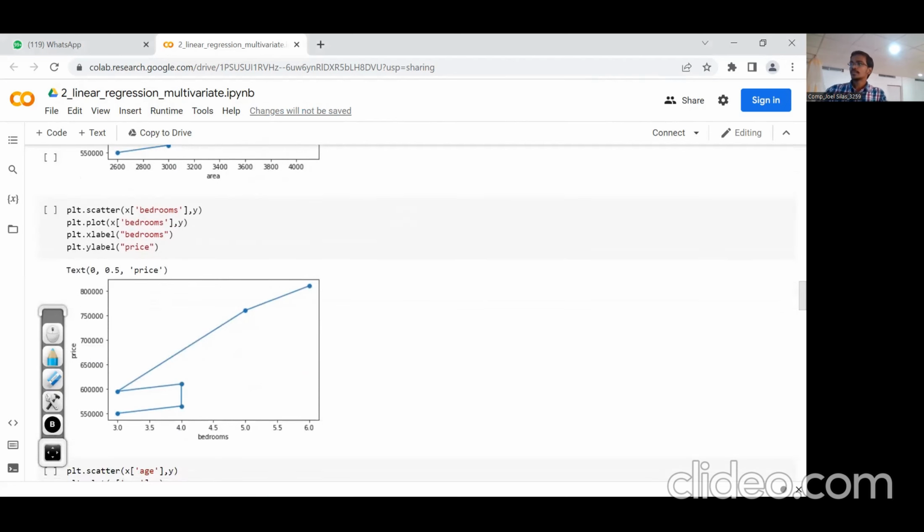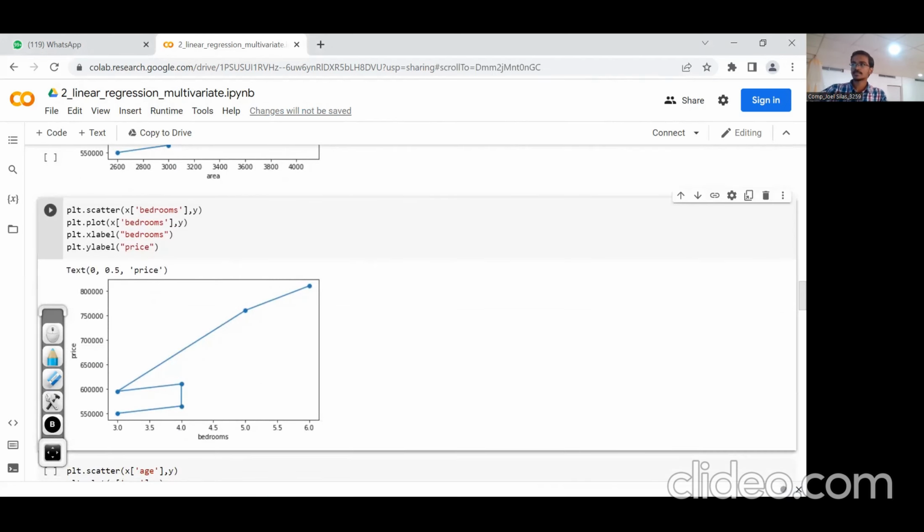So we can plot the graph of now bedrooms versus price. Here you can see some different kind of graph. As I mentioned, because total dependency is not on a single feature, you get such kind of graphs. So scatter is the function by which you can get these points, which are highlighted, and plot this feature and this label.